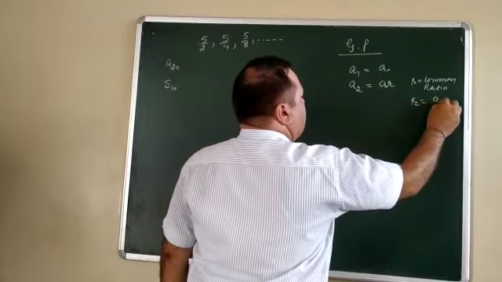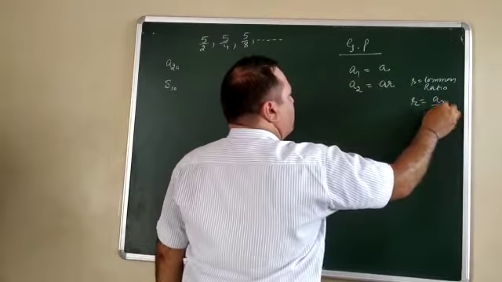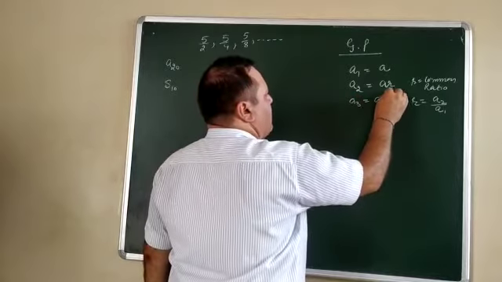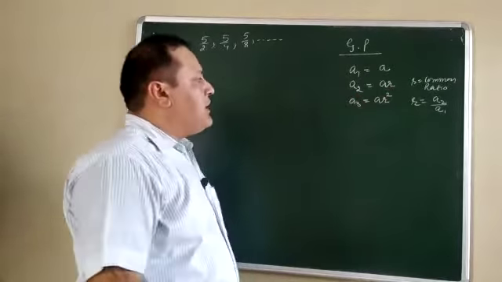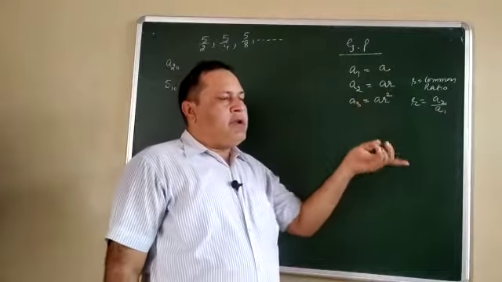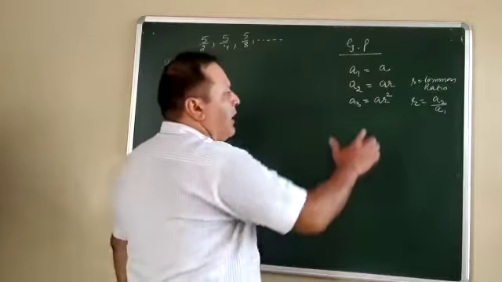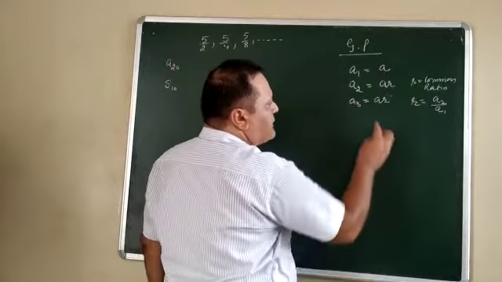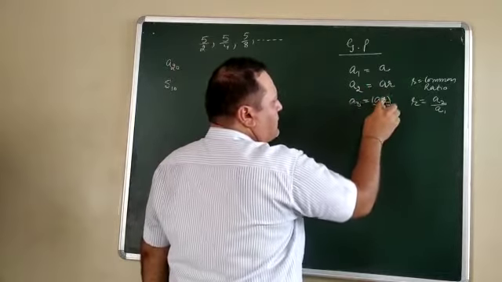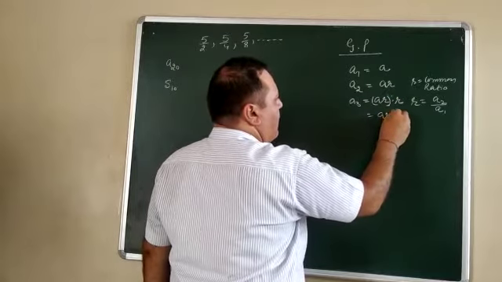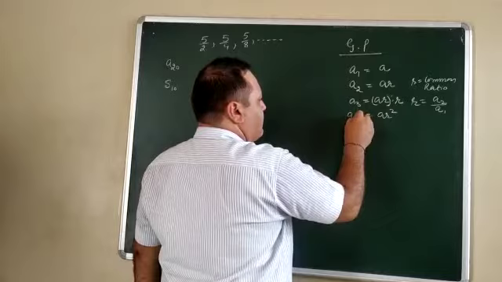Common ratio is a2 upon a1. a3, if you observe, is ar square, because we say previous term multiplied by common ratio, so ar multiplied by r. The previous term ar multiplied by the common ratio, the result becomes ar square. It is a3.